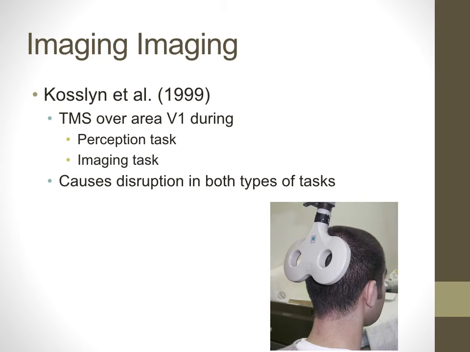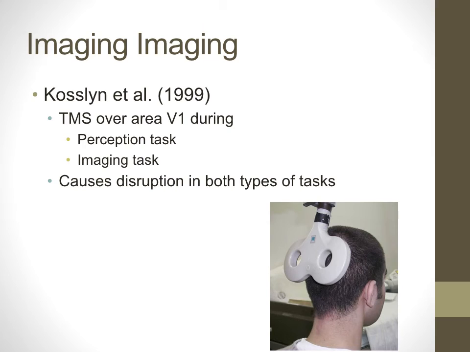Another cool thing that looked at imaging of imaging, another study done by Kosslyn, who was apparently the imaging guru, found that when he did transcranial magnetic stimulation over area V1 in the brain, which is the area where axons from the visual system first reach the occipital cortex, so where we first start perceiving visual stimuli, there was disruption through TMS during a perception task versus an imaging task.